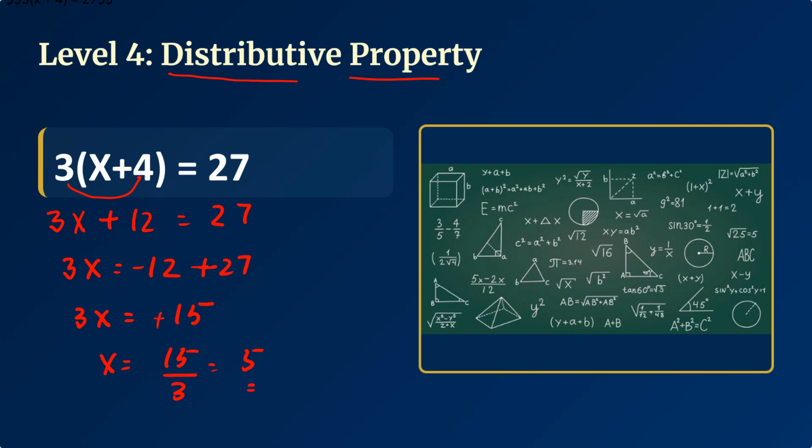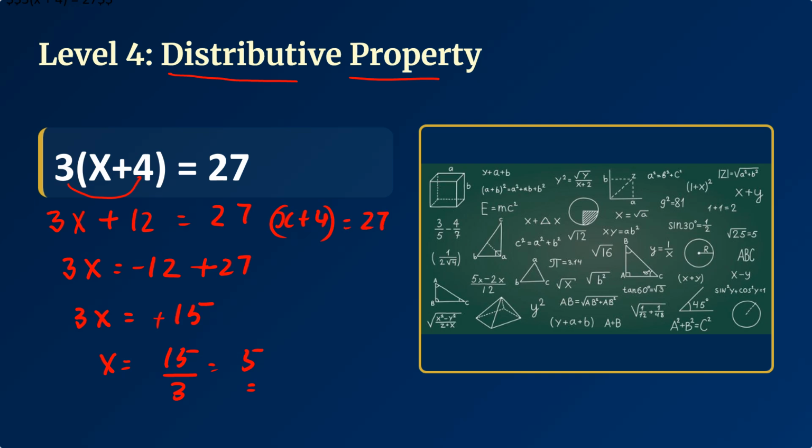The other way you can do it, something. Now this 3, it has to be distributed to these two, no doubt. Like you can just do it in another way. What you can do is, x plus 4, you can just leave it here, is equal to 27.